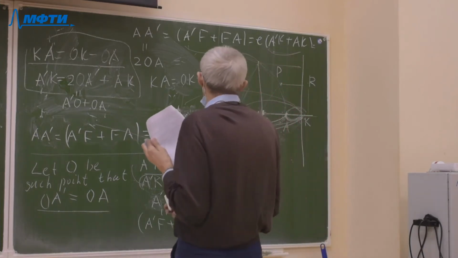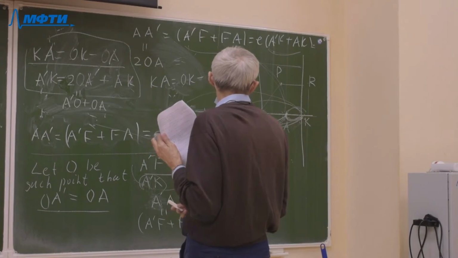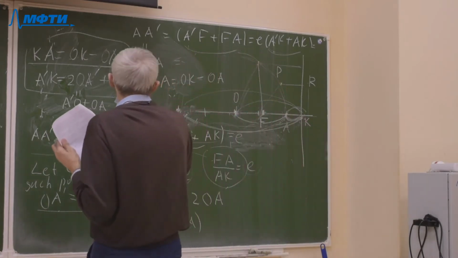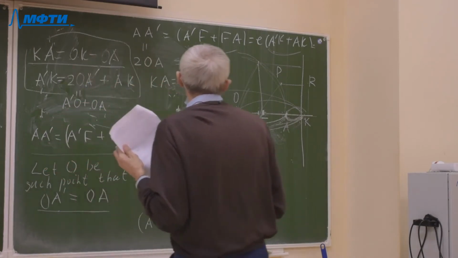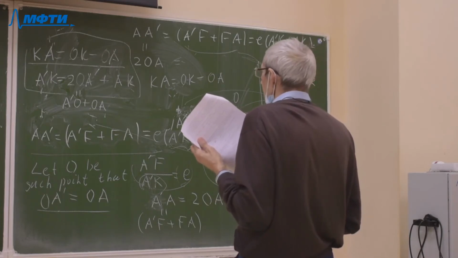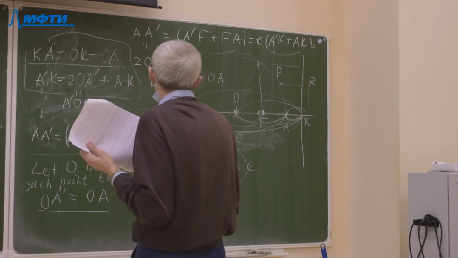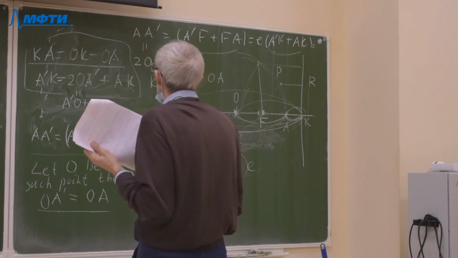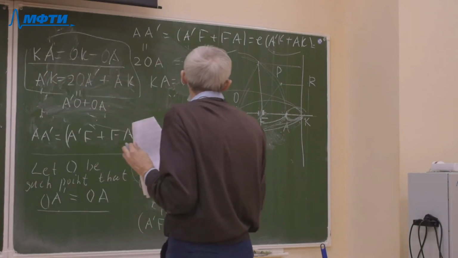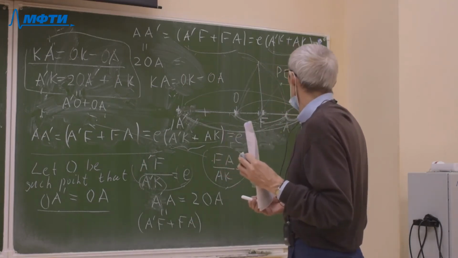And KA is OK minus OA. We must obtain A prime A in this case.